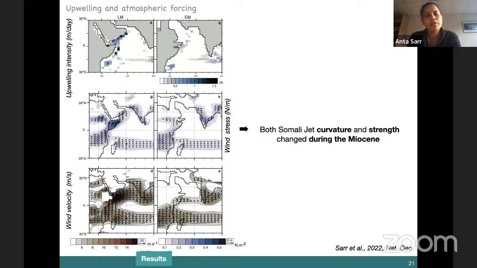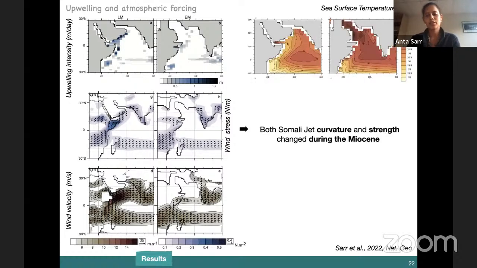On the other side, in the early Miocene simulation, where we have almost no upwelling, the Somali jet, as I showed at the beginning of the presentation, is more zonal, east-west, and is not going above, let's say, 7 to 8 degrees north. So there is no way to generate upwelling in these regions.